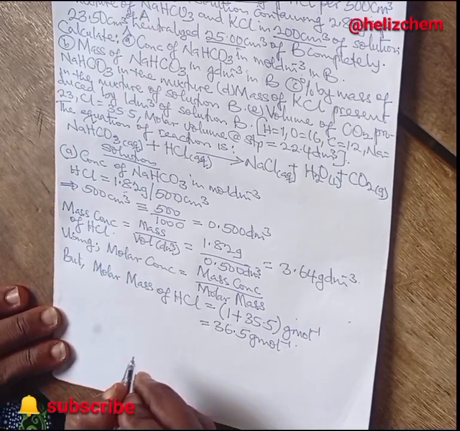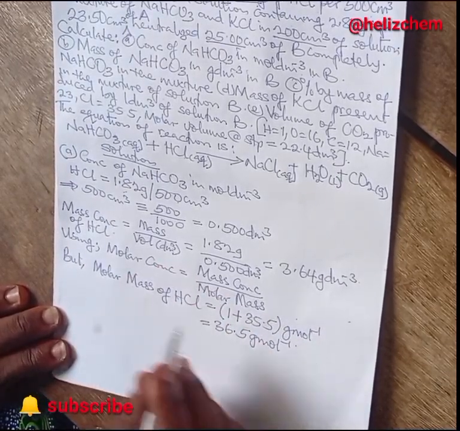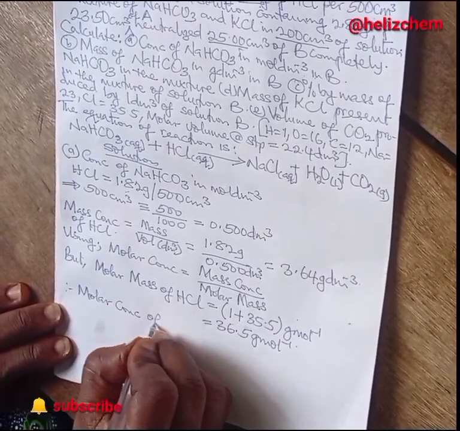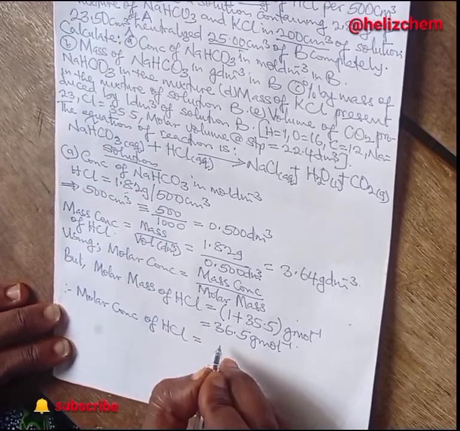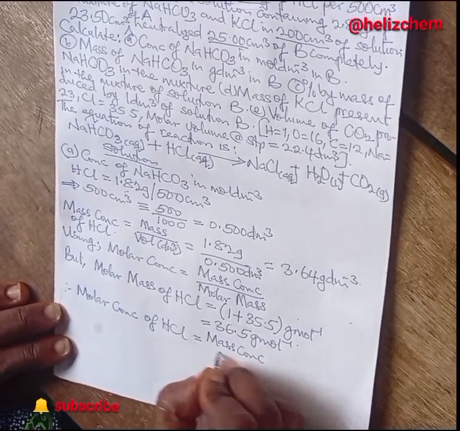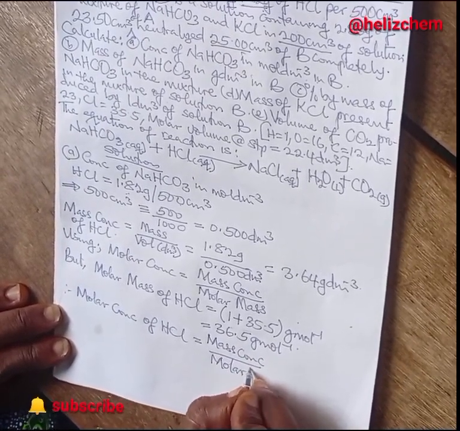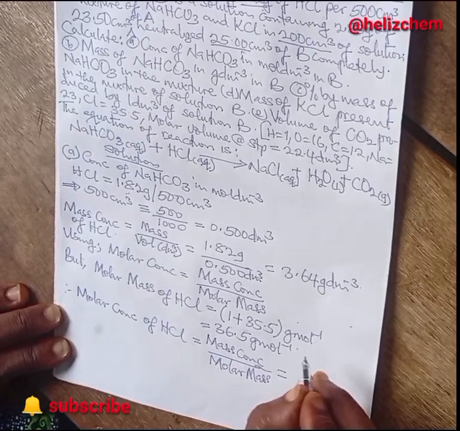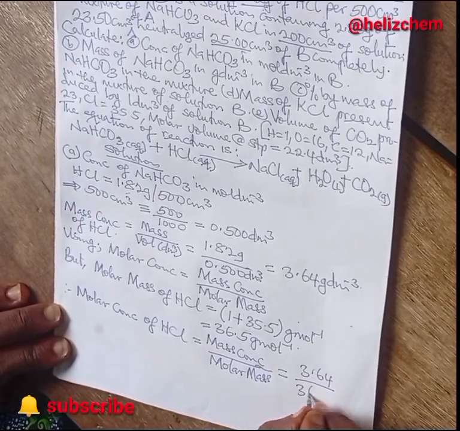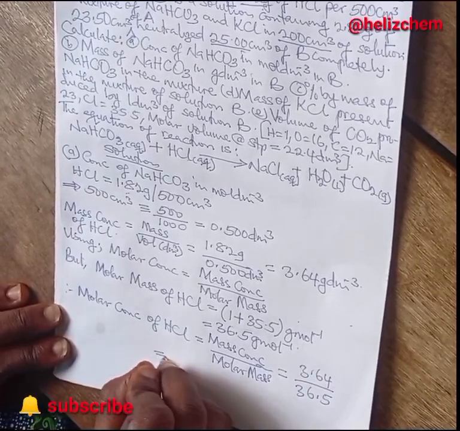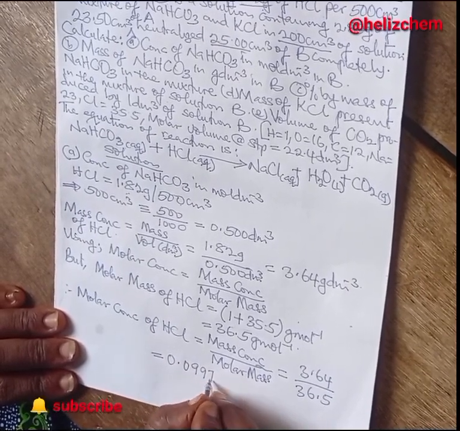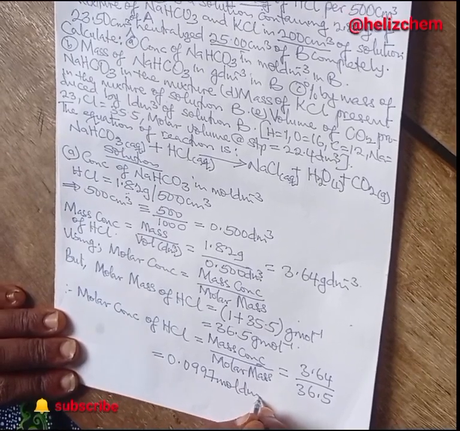Having gotten that, you will now substitute it in the above equation. So therefore now, molar conc of HCl from the above is mass conc over molar mass, which is equals to 3.64 over what? 36.5, and that will give me 0.0997 mole per dm cube.